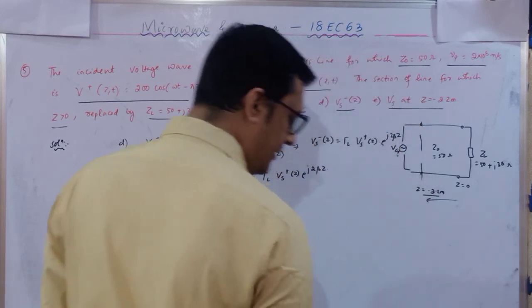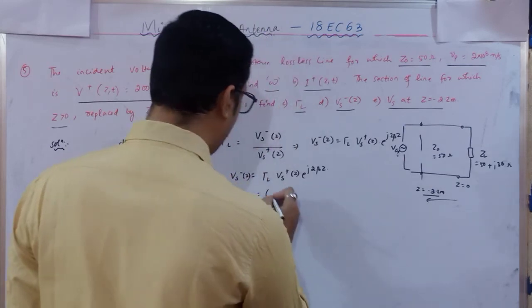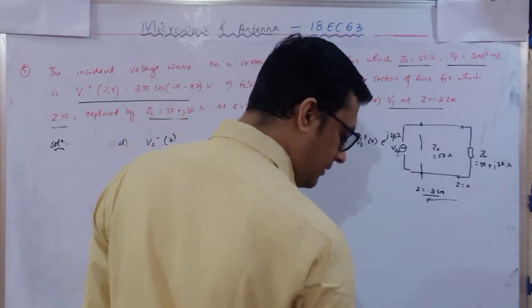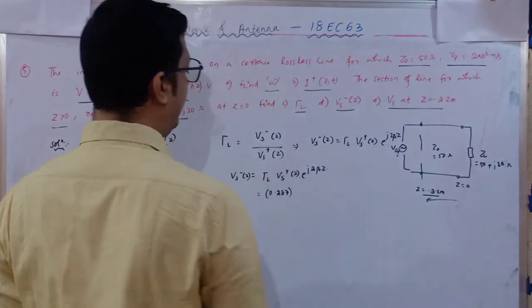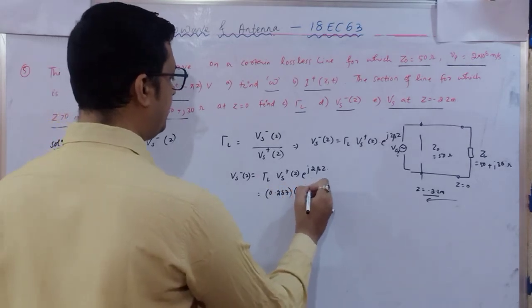Okay. Now the reflection coefficient we have identified, how much? 0.287. Only the magnitude I am considering. Vs plus magnitude is how much? 200.